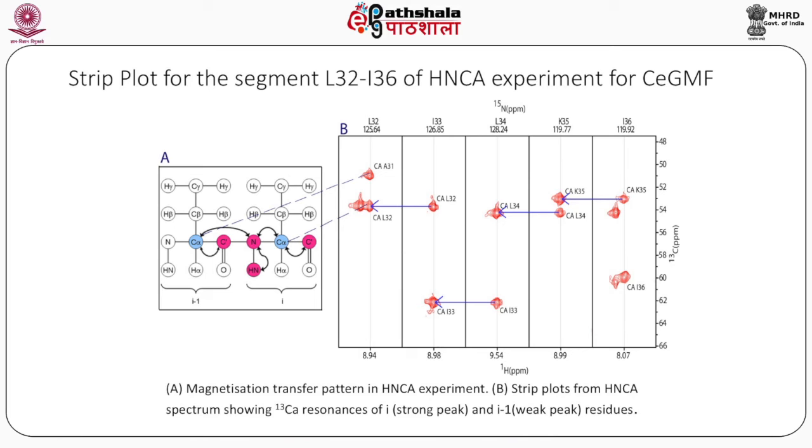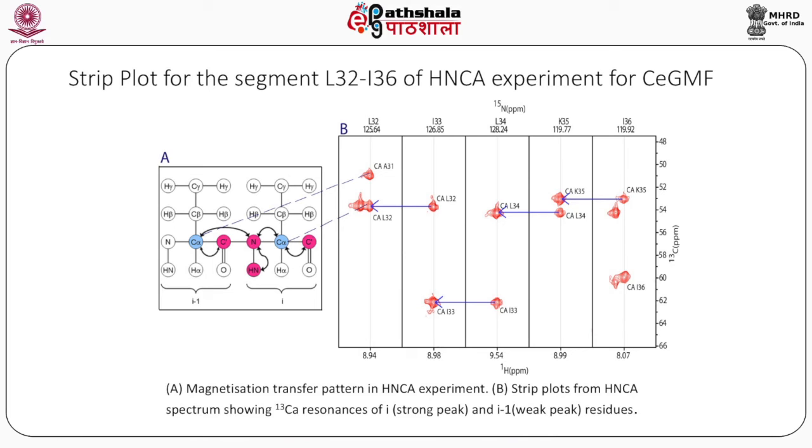This is taken at an N15 chemical shift of 119.77 ppm and a proton chemical shift of 8.99 ppm. Here you see the C alpha chemical shift of K35, and then a lower peak, which corresponds to the C alpha chemical shift of the preceding residue, which is L34.